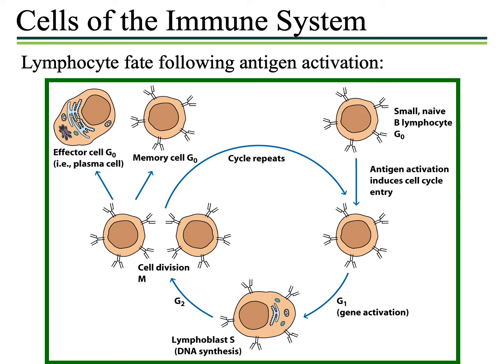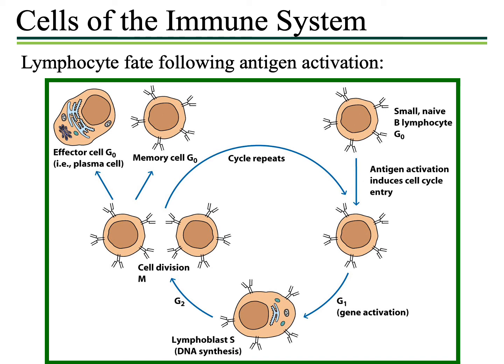When interaction with an antigen does in fact take place, that begins this very complex and orchestrated activation mechanism which allows for the production of specific cell types. The cell types that are produced via this activation include effector cells.